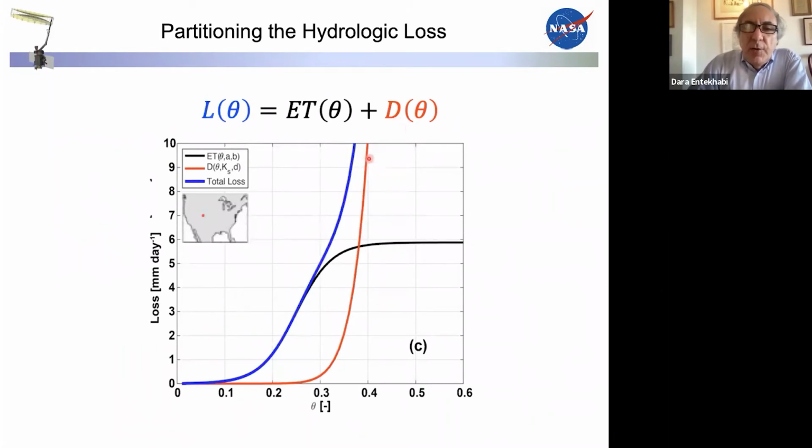The drainage in red, that sort of drainage to field capacity, is very high at high soil moisture, and then it rapidly goes down and diminishes near some field capacity. We don't know where this is. This is just a conceptual plot. And then evapotranspiration has this two regime behavior, the energy limited and the water limited. And you sum them and they become the blue.